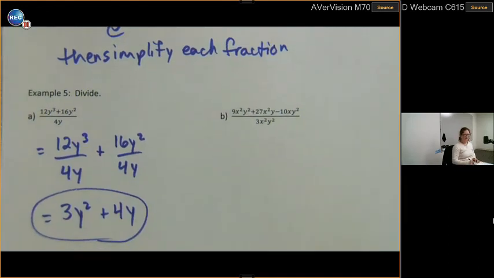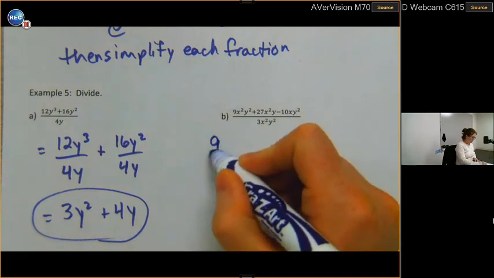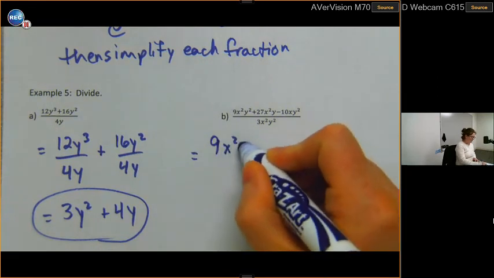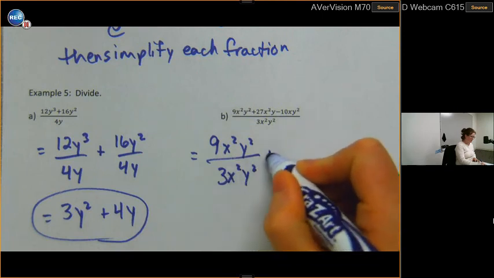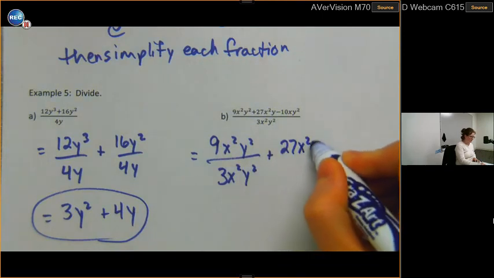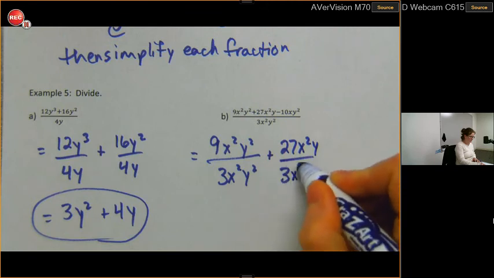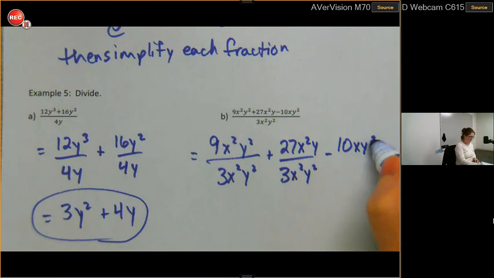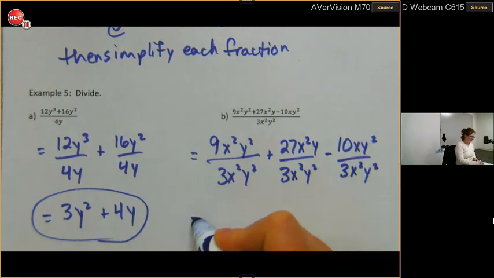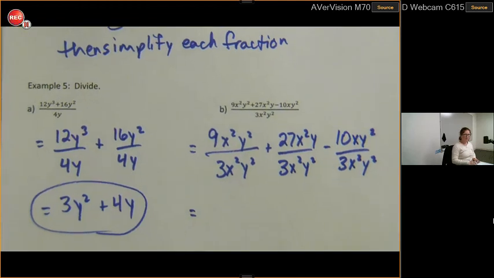Letter B is the same thing. 9x squared y squared, 3x squared y squared, and so on. Then simplify each of those fractions.